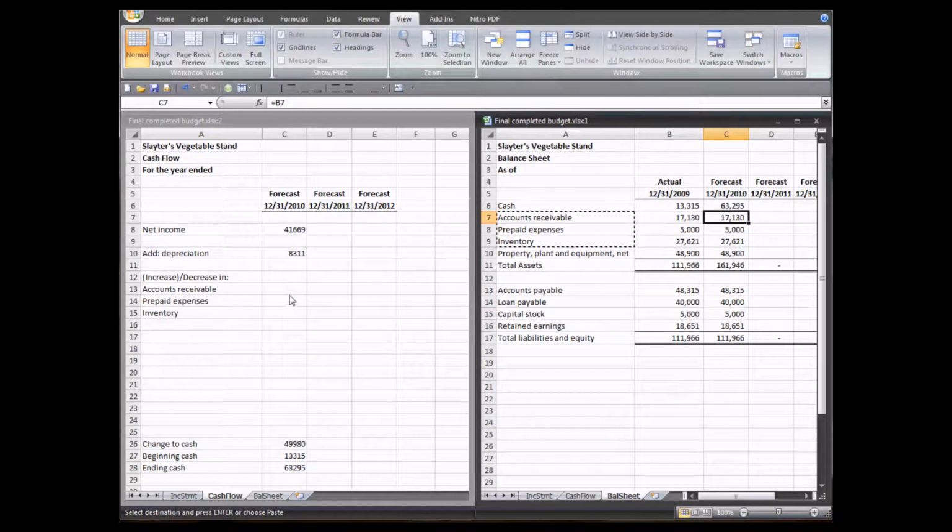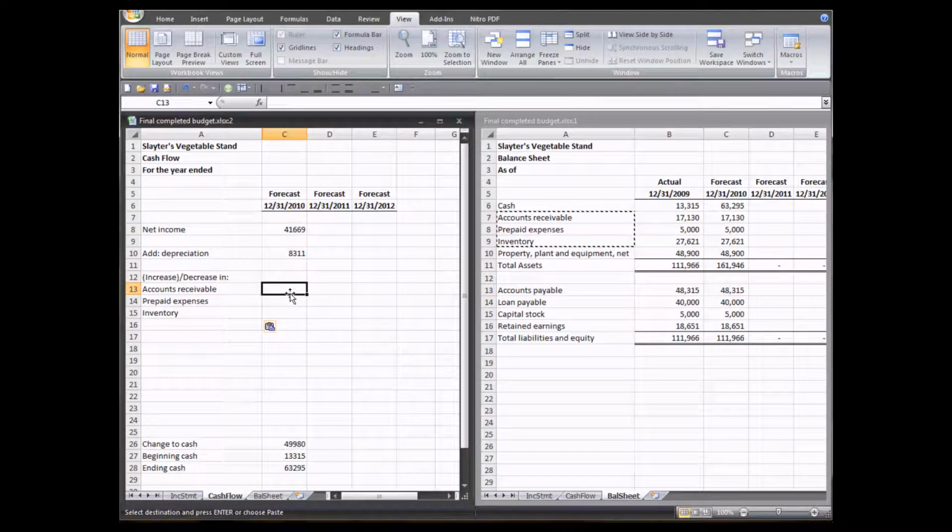So in other words, I'm going to start selling this fruit. Maybe I expect my accounts receivable is going to go up by $5,000 in the first year, and by $7,500, and then by $10,000. So let's make those negative so that they can be increases. This negative number represents a decrease to my cash, but an increase to my accounts receivable.